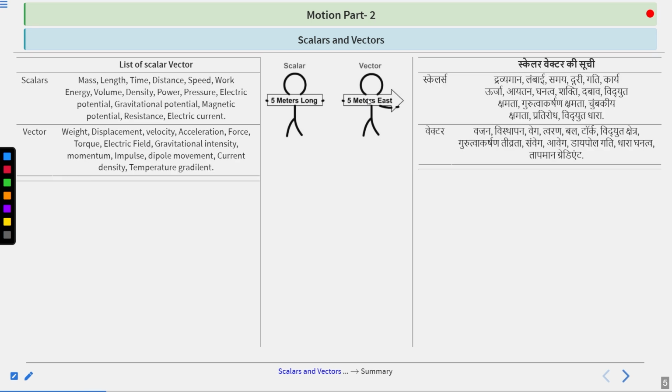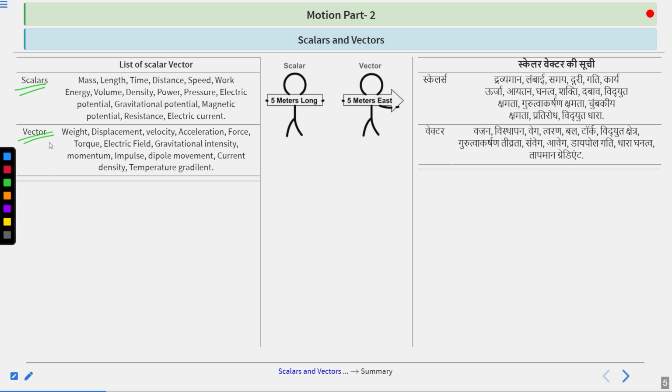Now, if we talk about the list of scalars and vectors, first we have the scalars. In scalars, we have mass, length, time, distance, speed, work, energy, volume, density, power, pressure, electric potential, gravitational potential, magnetic potential, resistance, electric.